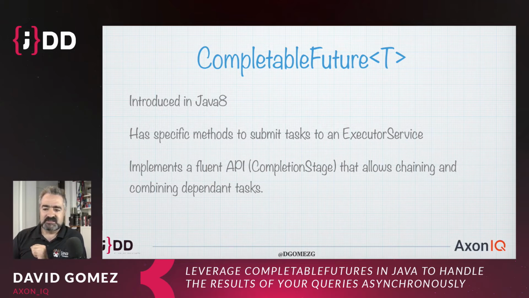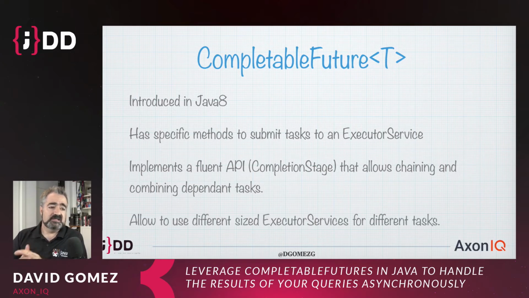So that's basically the main purpose of completable future. But also, it allows us to use different executor services configured in different ways, depending on the kind of tasks that we are executing.